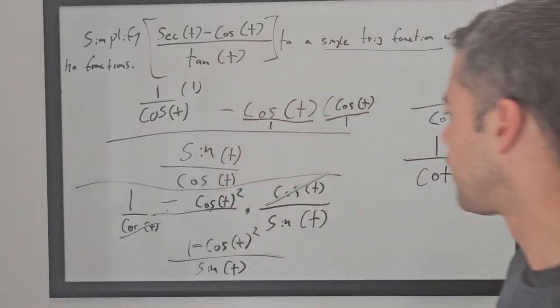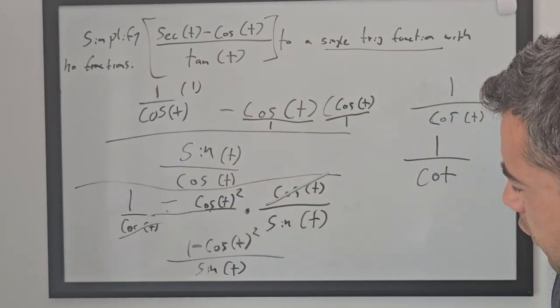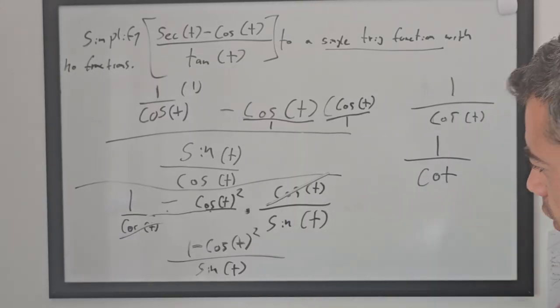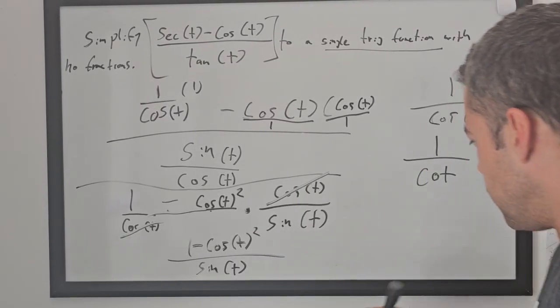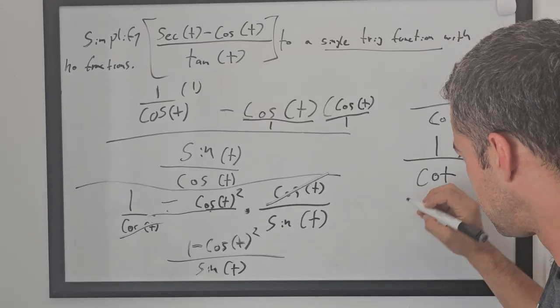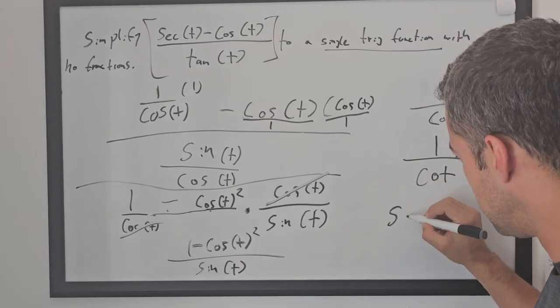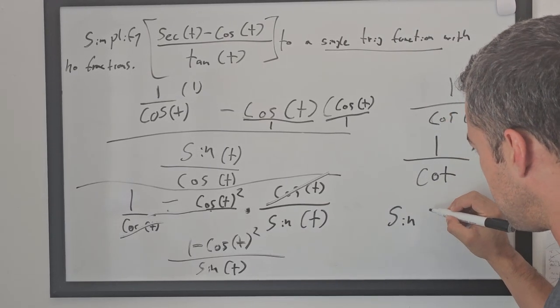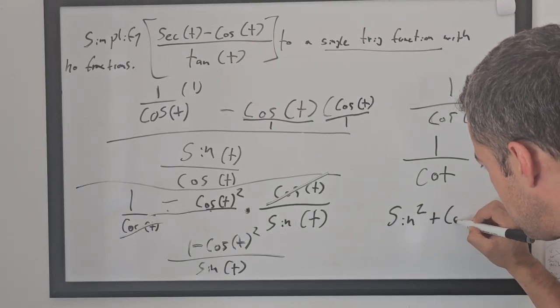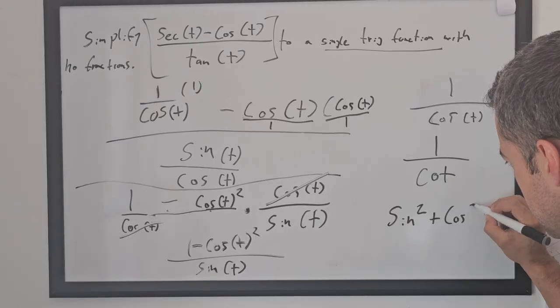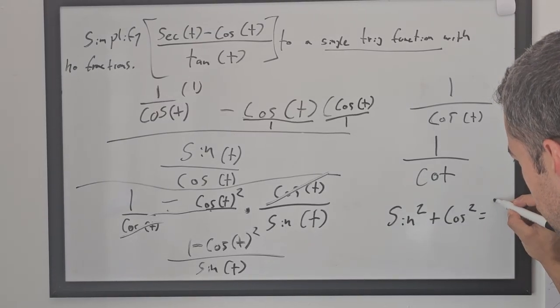When we see here, we can use the trigonometric identity, and we have to remember this part: sine squared plus cosine squared equals 1.